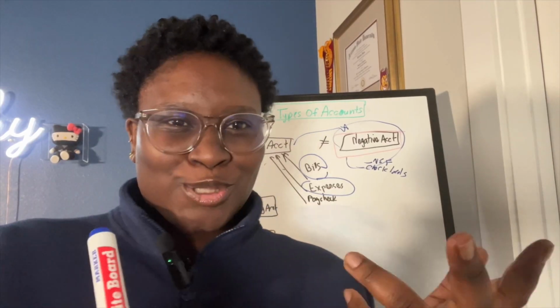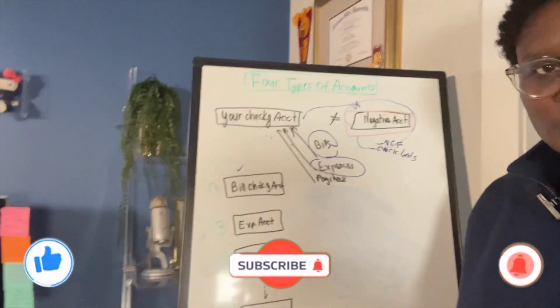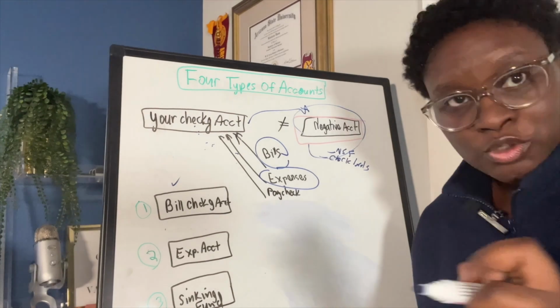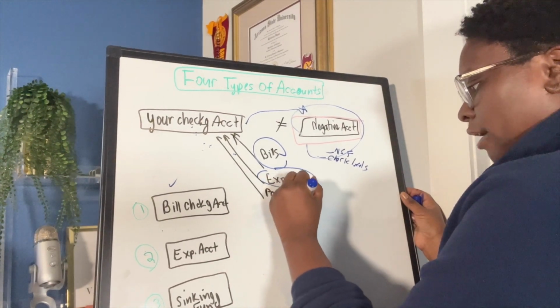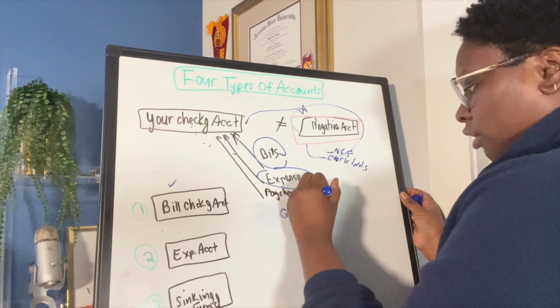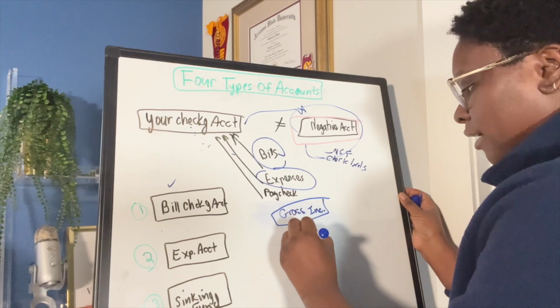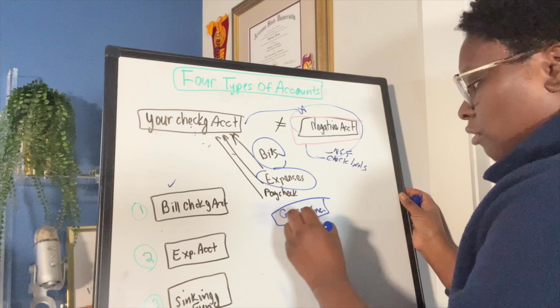So KD, how does this work? We're going to break it down. I want to make sure that you guys can see this board very clearly. So when you get paid, you have your gross income, right? Then you have your taxes, Medicare, federal, and so on.